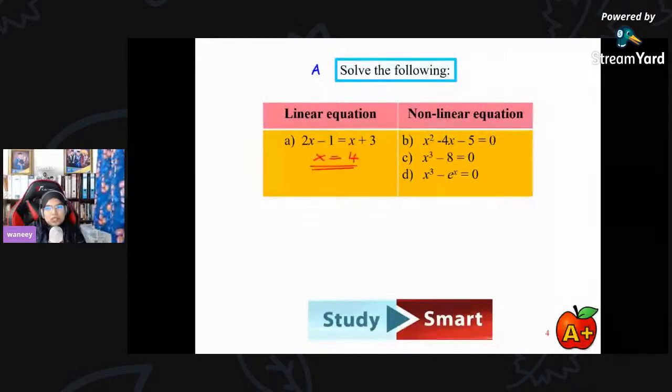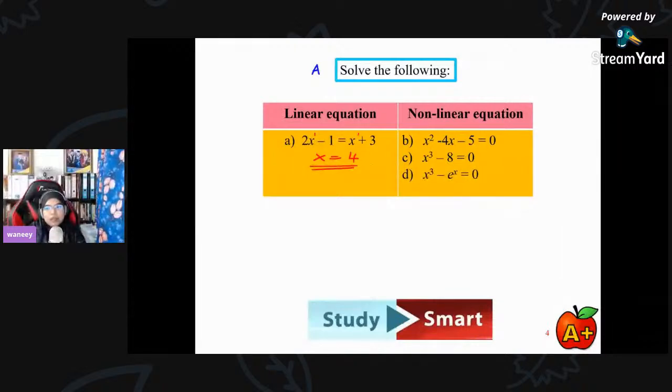So this is a linear equation where we simply have x to the power of 1 for each of them. For the second one, we have x squared minus 4x minus 5 equal to 0. This is not a linear equation, but a quadratic function. So how do you solve a quadratic function? And then x cubed minus 8 equal to 0. This is a cubic function. How do you solve a cubic function?